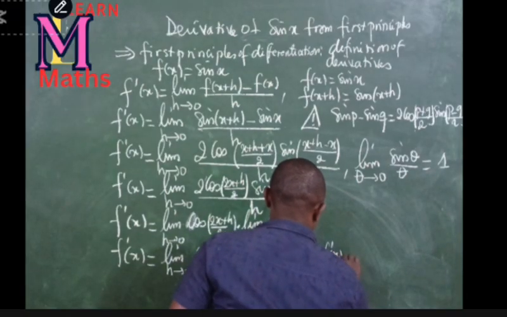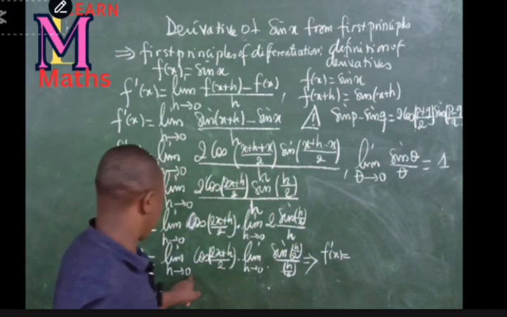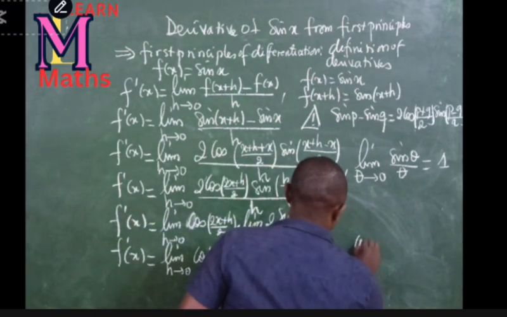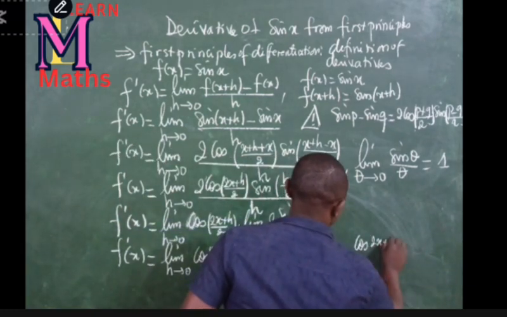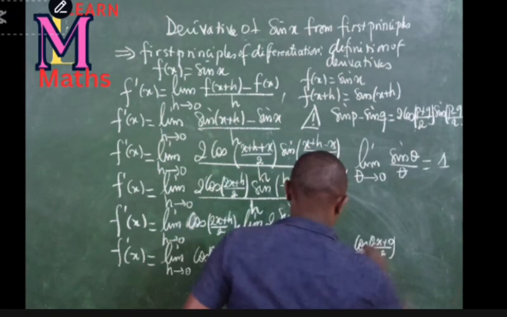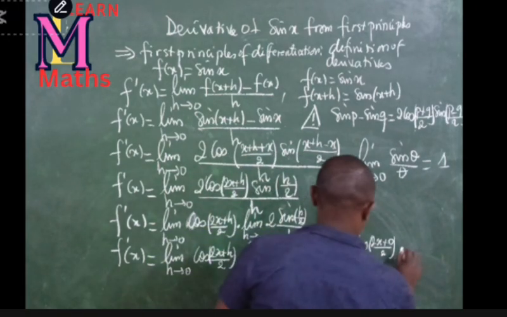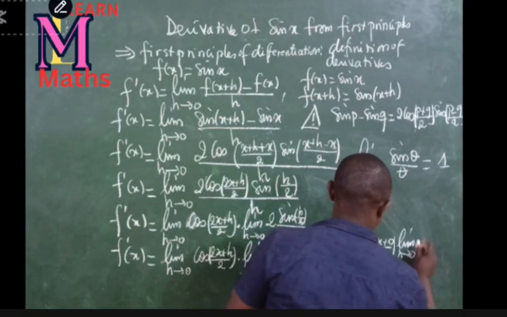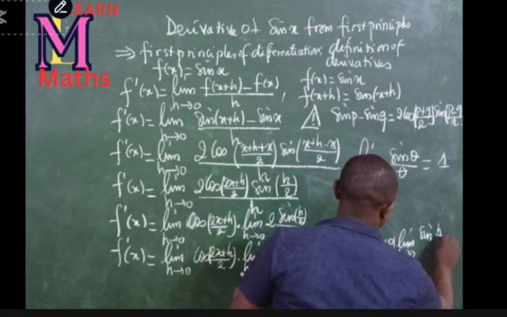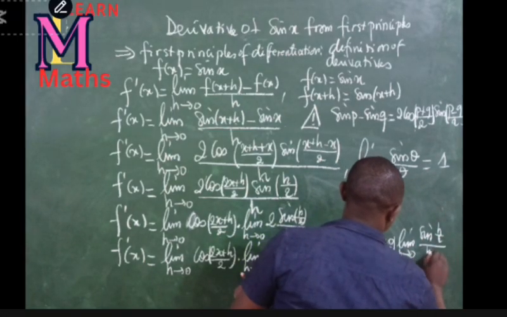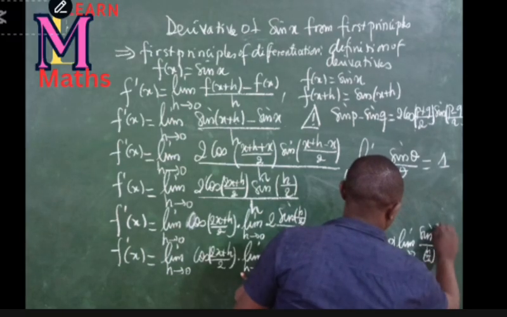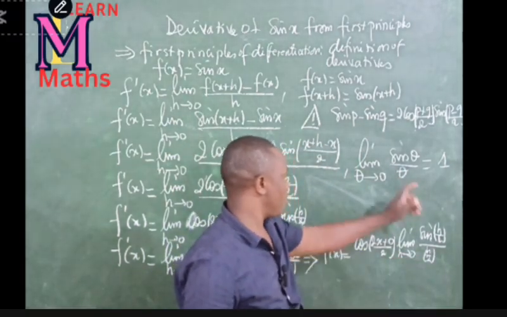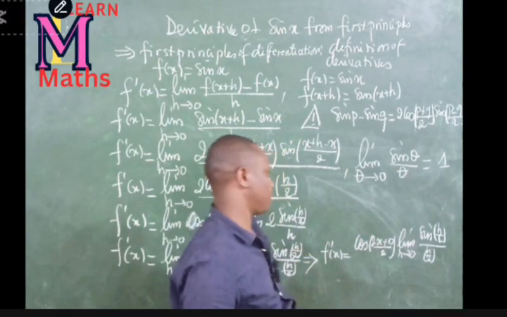That means f prime of x is, let's now replace h by 0. Here is the cosine of 2x plus 0 over 2, times the limit as h approaches 0 of sine h over 2 divided by h over 2. You see, this follows from this stuff.